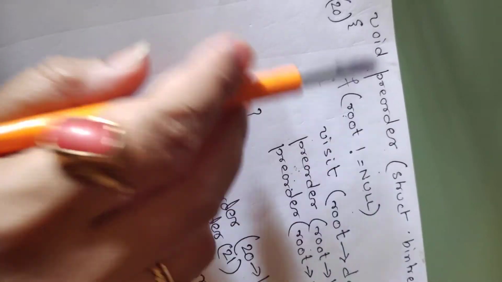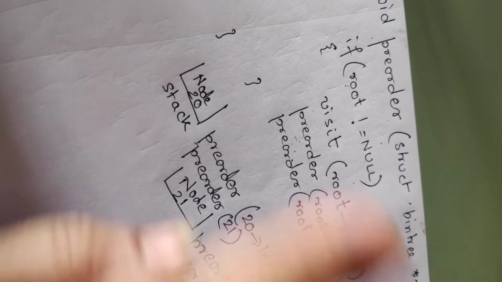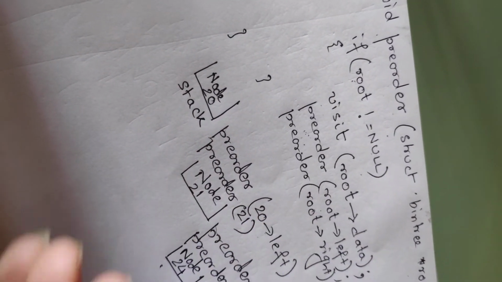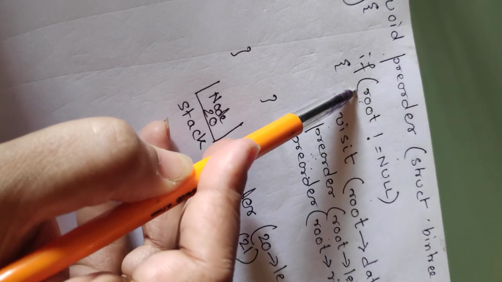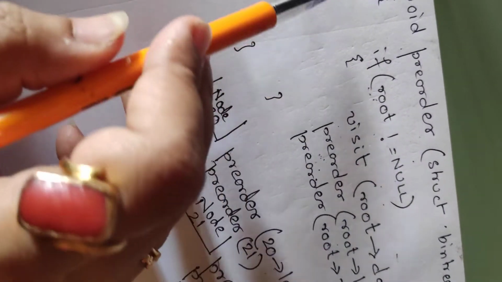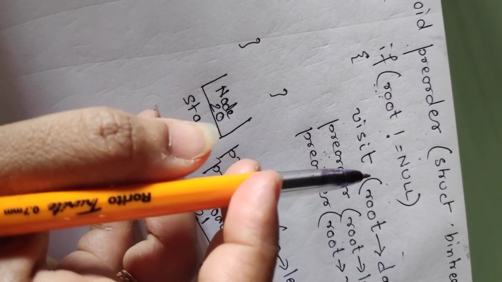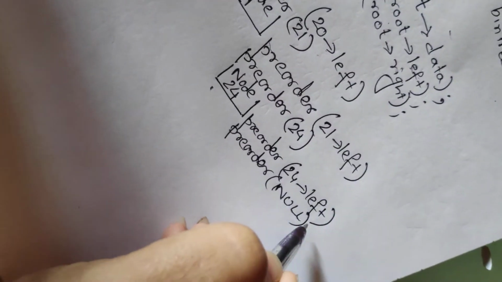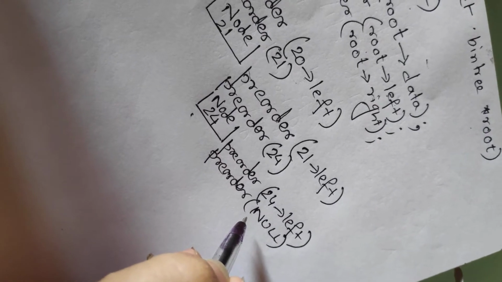Now the rule of a recursive call is that it should have at least one base condition and your function should move towards the base condition. So over here the base condition is root is equal to null. That is the base condition.